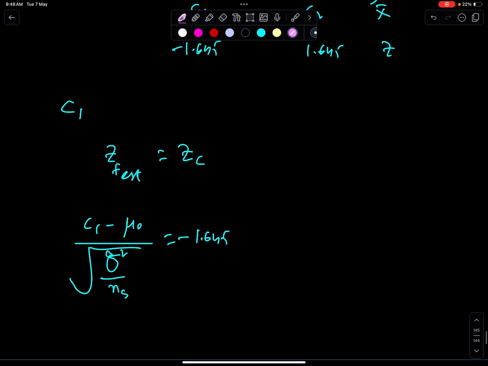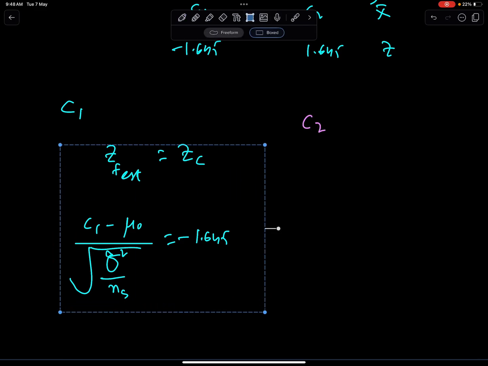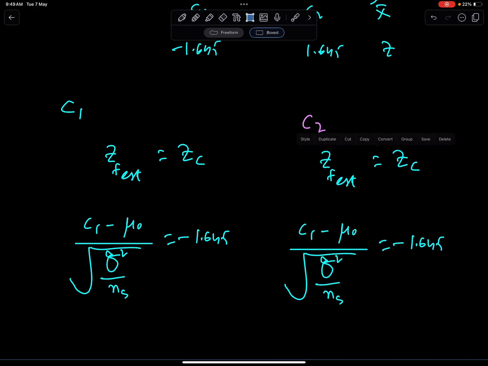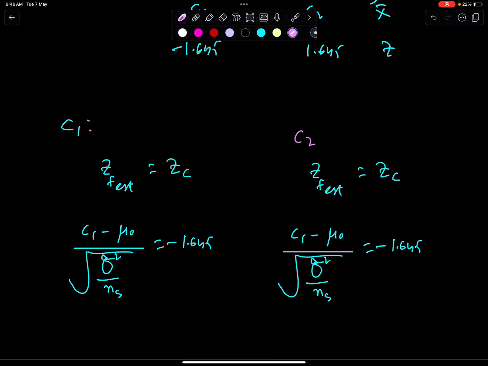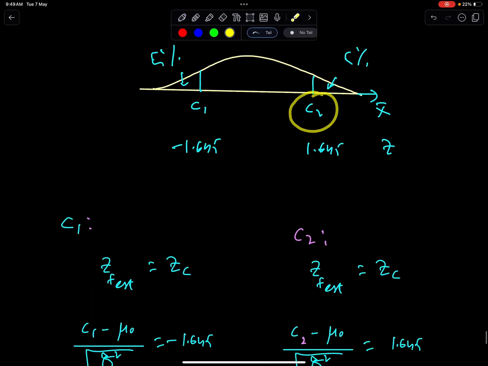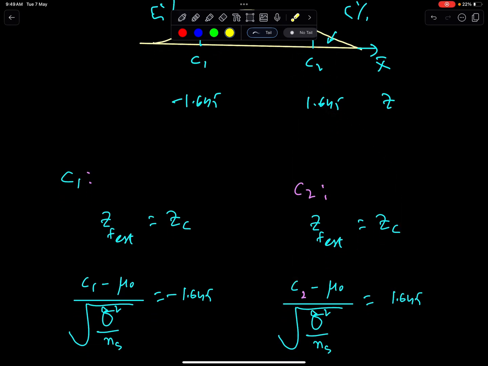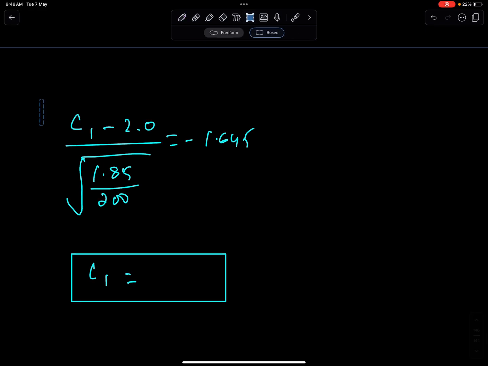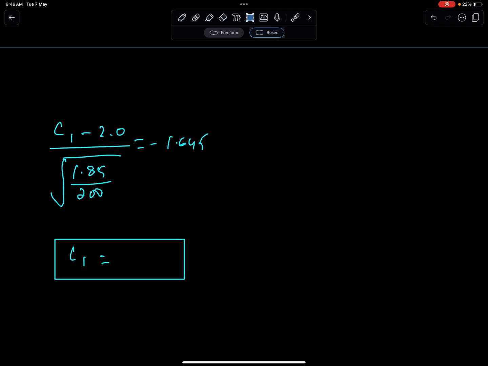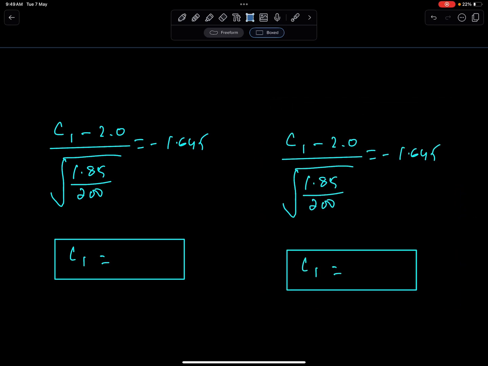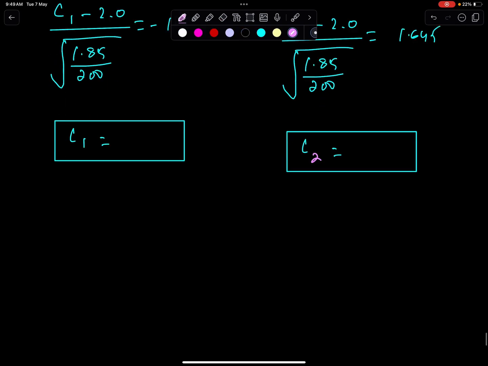Now for C2, copy the same thing. Just write C2 here and positive 1.645. This C2 is here and this 1.645 is here. Just copy this. Just change this sign, and this is C2. Okay, let's check the values of C1 and C2.